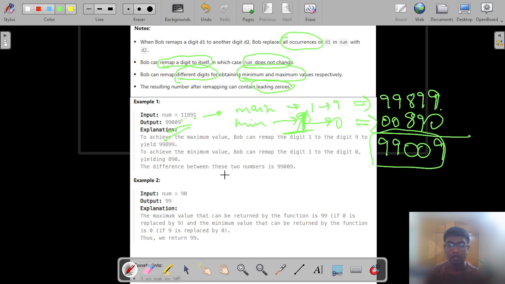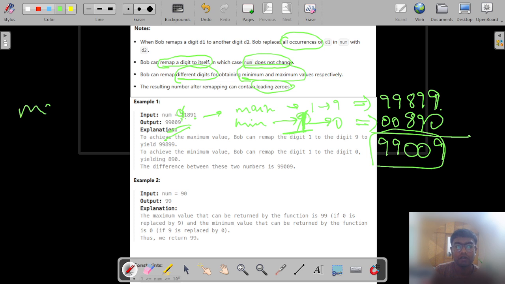Okay, so we can simply solve this problem. We can check the first digit which is not equal to 9, and then we can replace all occurrences of that digit with 9.